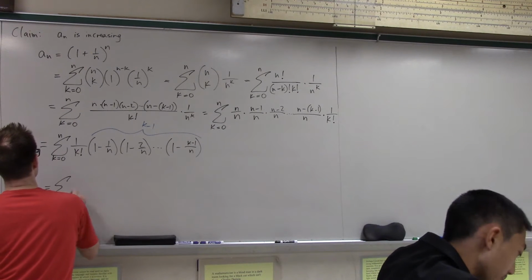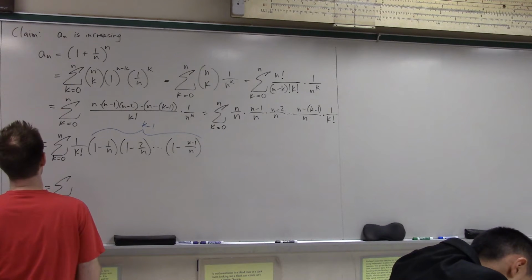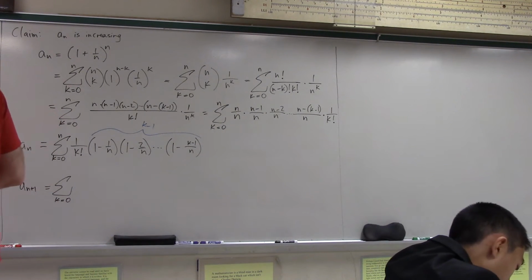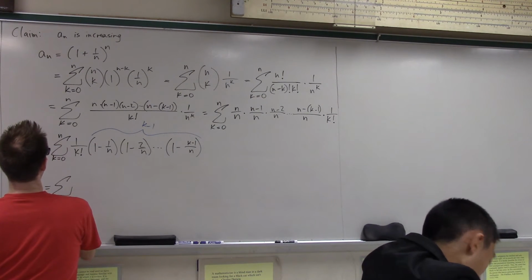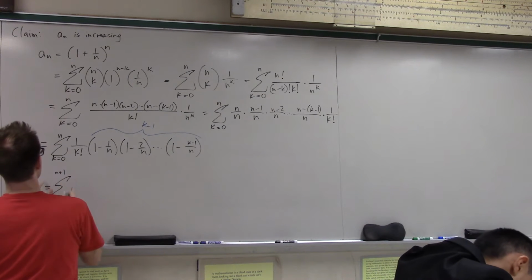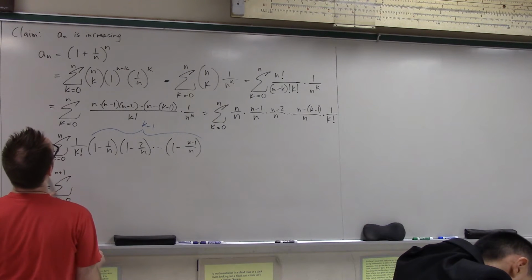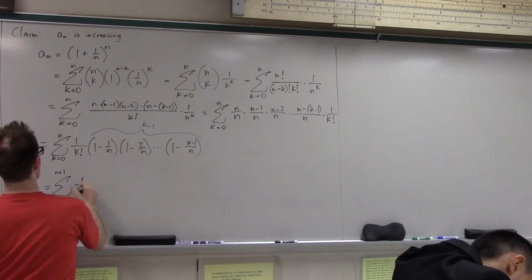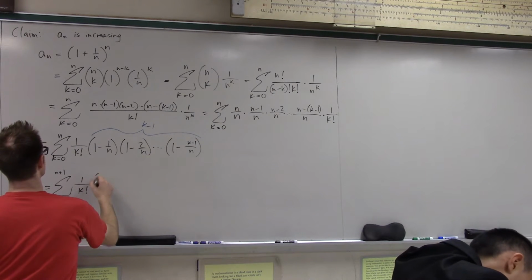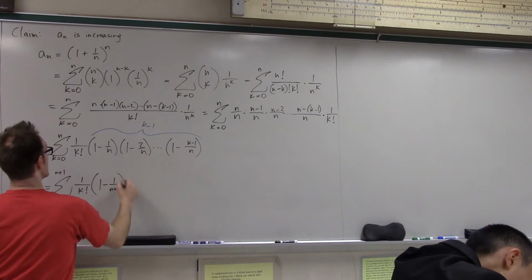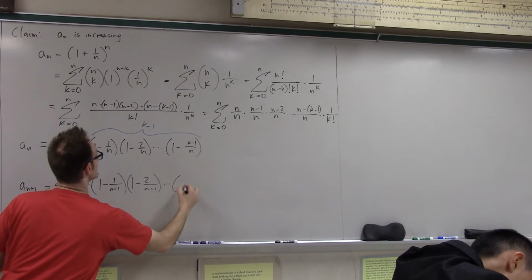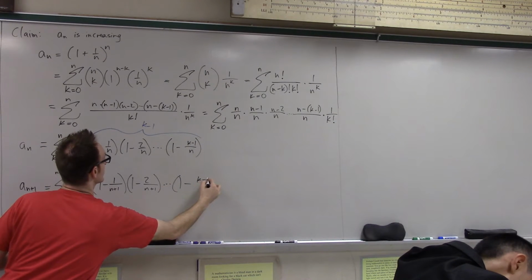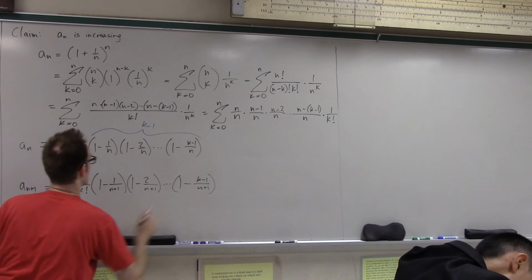So this is the sum from k equals 0 to n plus 1 of 1 over k factorial times 1 minus 1 over n plus 1 times 1 minus 2 over n plus 1, all the way to 1 minus k minus 1 over n plus 1.